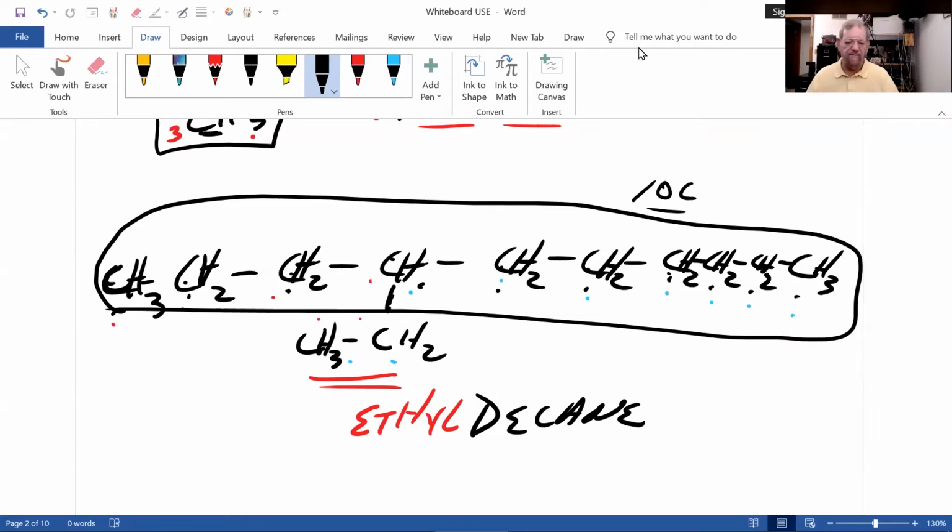All right, let's take a look. You always start numbering from the ends. A common mistake students make on test number 1 is they say, I'm going to start from the carbon of the ethyl group or the alkyl group. Is that wrong? So this would be 1, 2, 3. It's on carbon 4.